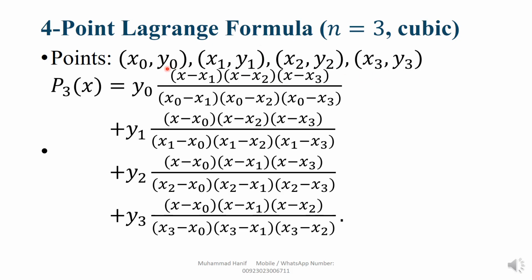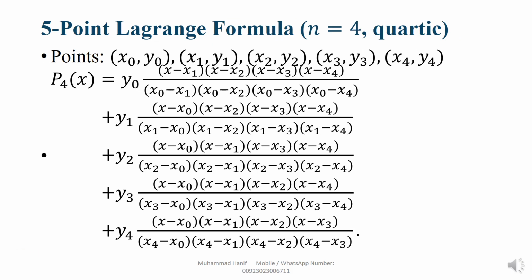Now you find the 5-point Lagrange formula. Now you can see here the 5-point Lagrange formula, n equal to 4, because here is given the value of n is 4. Here is also 4, it means 4 x.